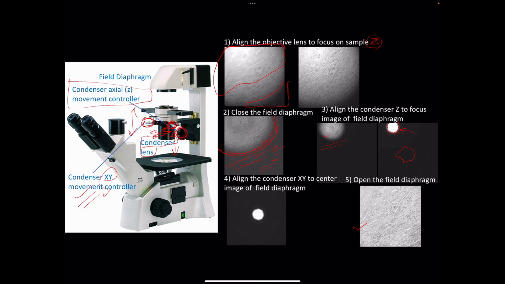When you change the dimension and the magnification of your objective, you have to switch back and forth between these different alignments, because every time your objective is different, you need to align the illumination optics again and again with your objective lens, which is the major part of your imaging lens.